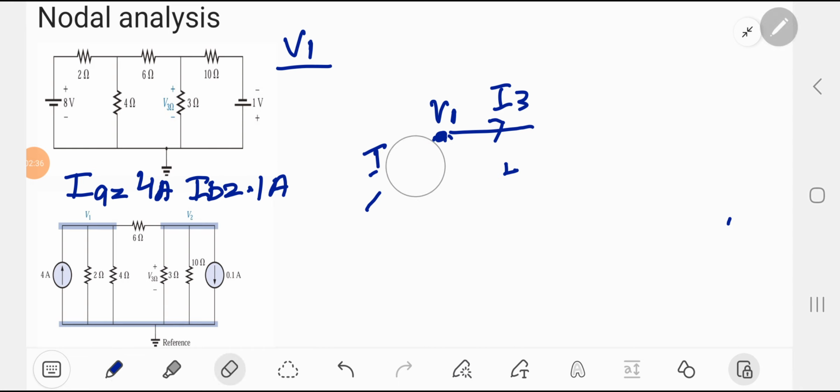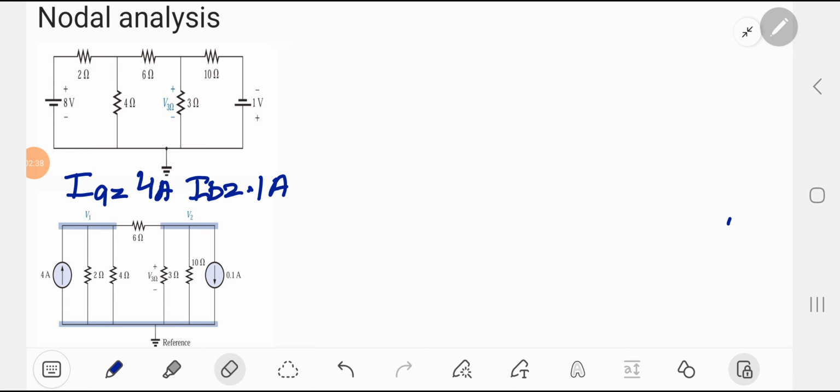According to Kirchhoff's current law, I minus I1 minus I2 minus I3 is equal to 0.